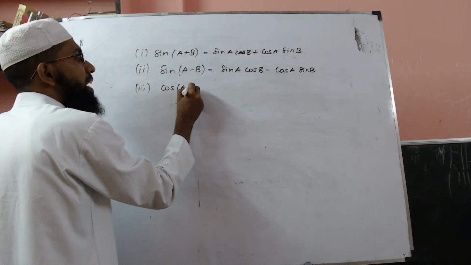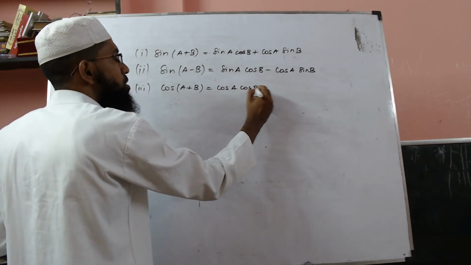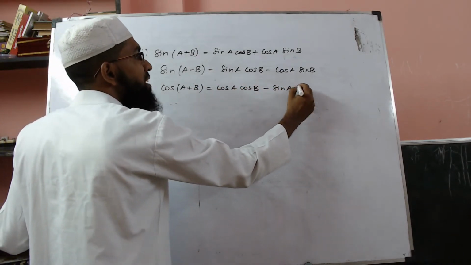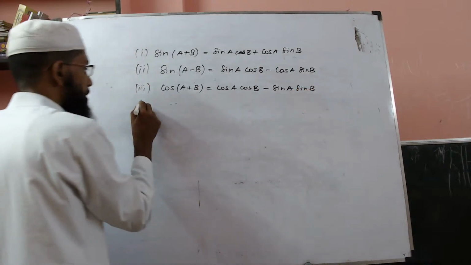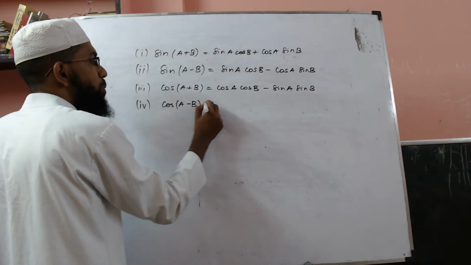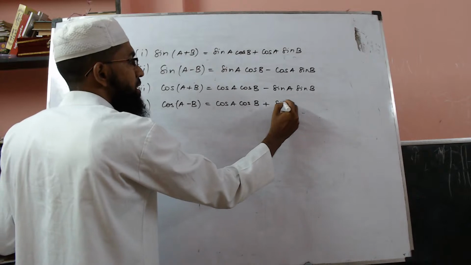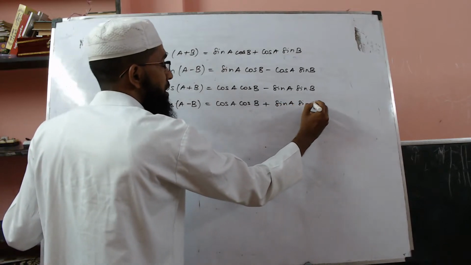Cos of a plus b equal to cos a cos b minus sin a sin b. Cos of a minus b equal to cos a cos b plus sin a sin b, right?